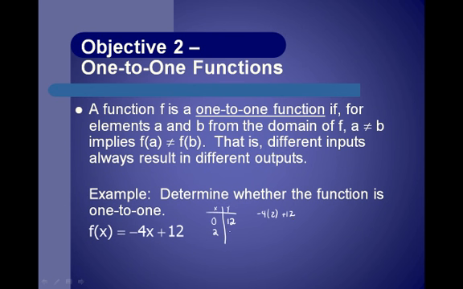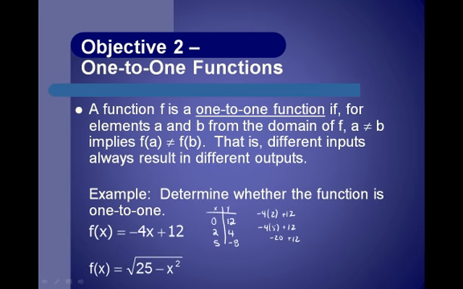Negative 8 plus 12 would be 4. If we picked x as 5, we would get negative 4 times 5 plus 12, which would give us negative 20 plus 12, which is negative 8. Do you see that anytime we pick an x value, we're going to get a different y value? Therefore, this function is one-to-one.